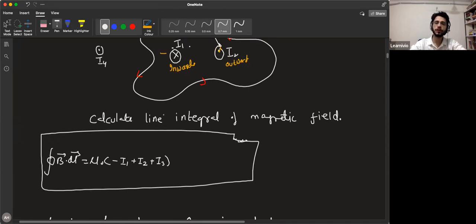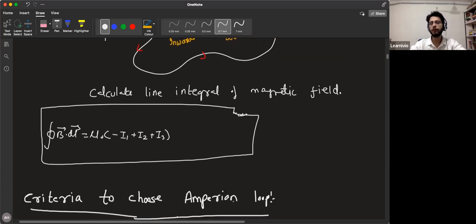Just like the closed Gaussian surface in Gauss law, in Ampere's Circuital Law we choose an Amperian loop. The criteria are: first, your Amperian loop should be closed. Second, the magnetic field should be uniform throughout the Amperian loop.